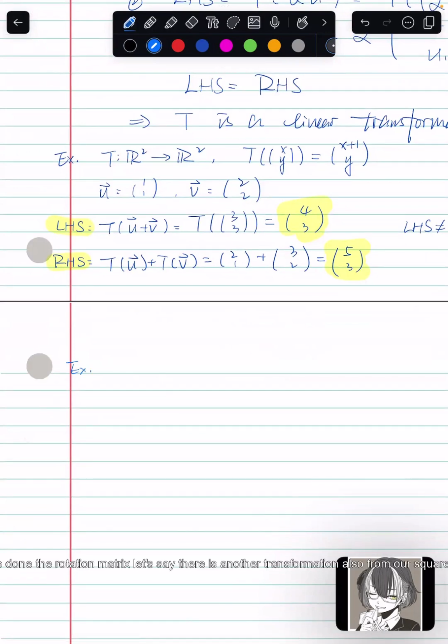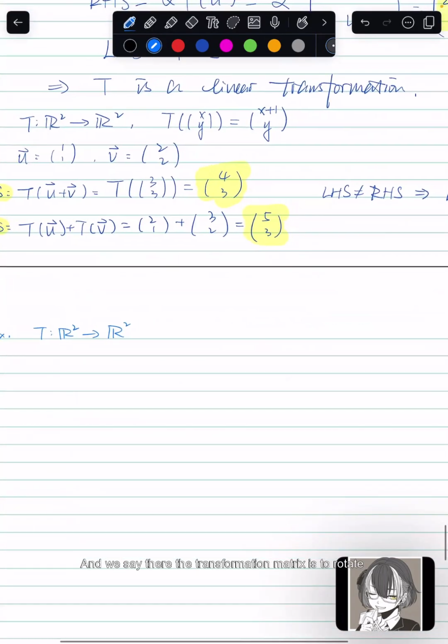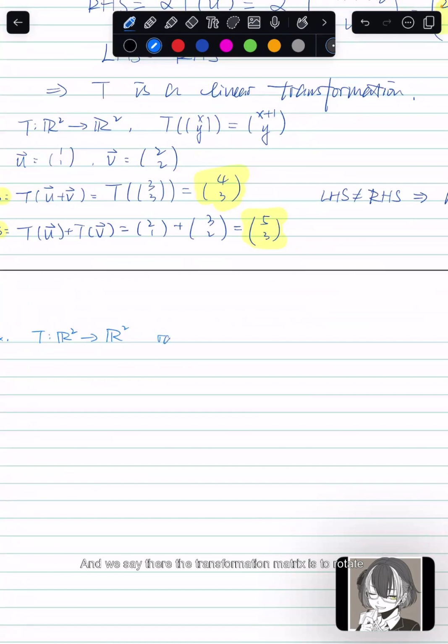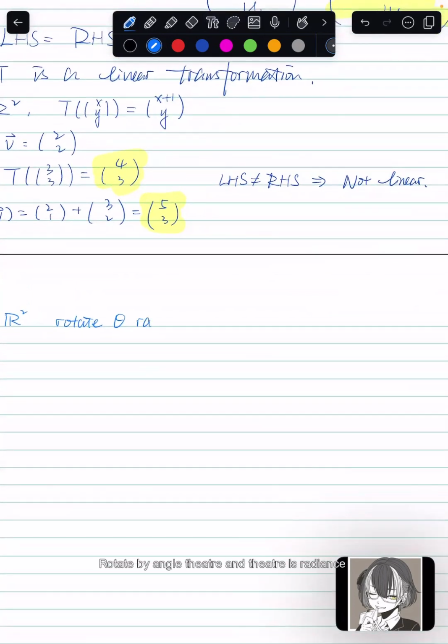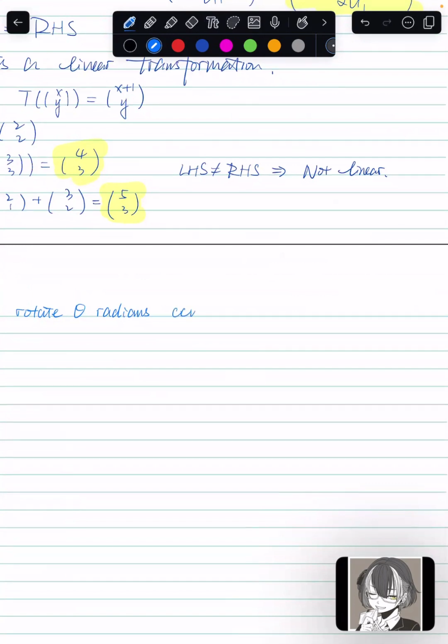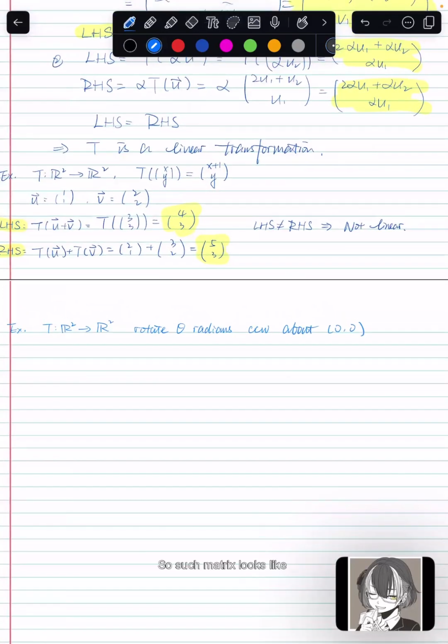If you've done the rotation matrix, let's say there is another transformation also from R squared to R squared, and we say the transformation matrix is to rotate by angle theta, where theta is in radians, counterclockwise, about (0, 0).